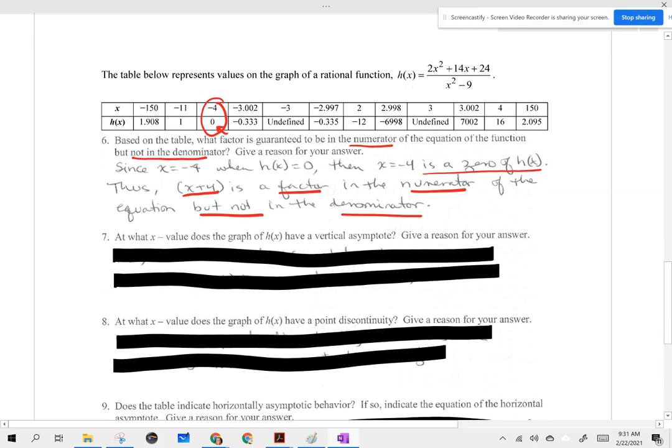Okay, number 7, at what x value does the graph have a vertical asymptote? So we have to look at two different things when we're looking for the asymptotes. We need to consider this spot and this spot, being that it's undefined. And then we need to look at both sides of the numbers to the left and to the right, and then determine what we have.